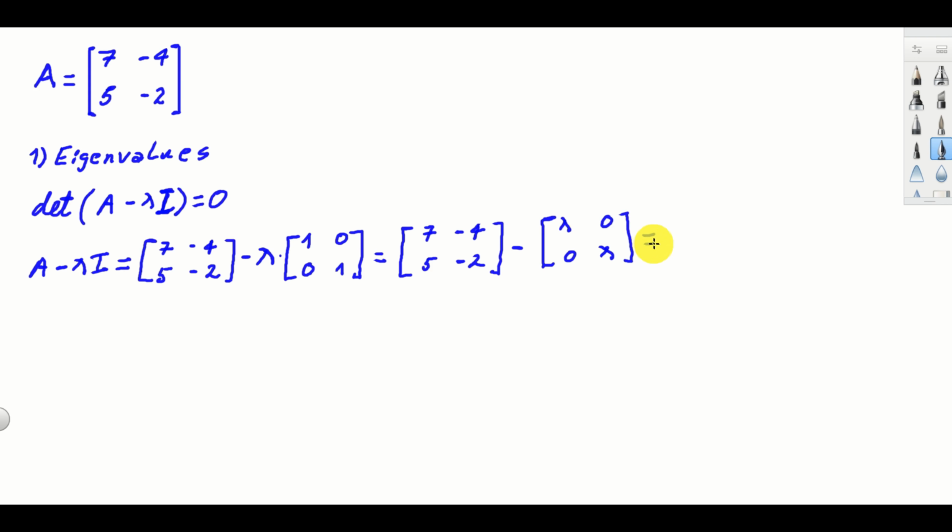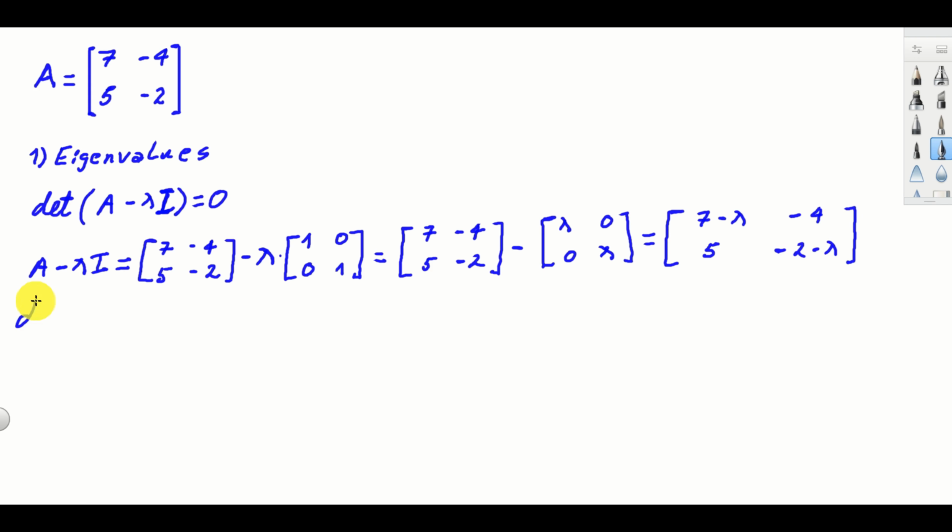And now we have to just compute the resulting matrix. We have 7 minus lambda over here, then we have minus 4, then we will have 5 over here, and then we will have minus 2 minus lambda. And here is our final matrix.